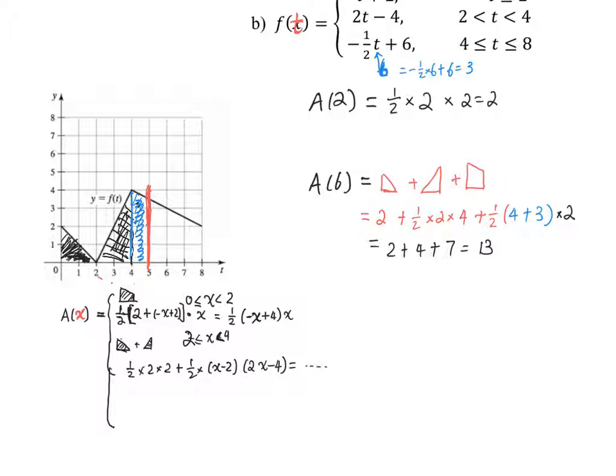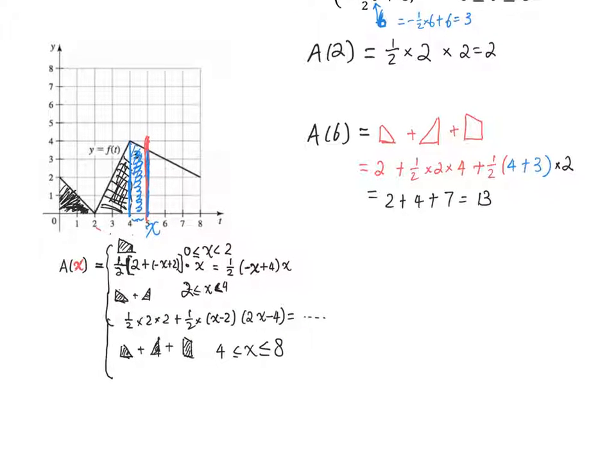This is my base, this is another base, this is the height. So now I'm going to work it out. First of all, it's an area of a triangle plus an area of another higher triangle plus the area of a trapezoid, right? That's what you see when x is greater than or equal to 4, less than or equal to 8.